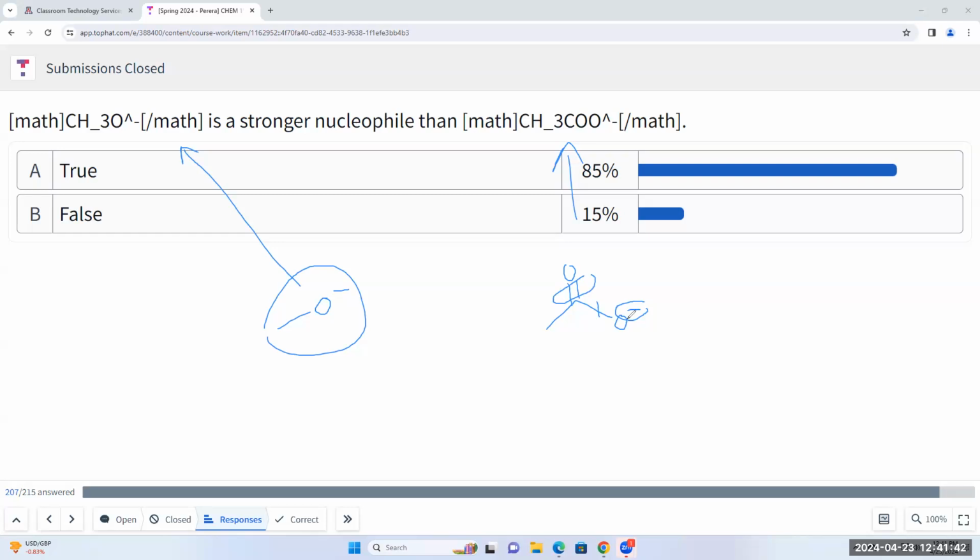On the other hand, in the stronger nucleophile, which is this one over here, you don't have that double bond one bond away from the charge bearing atom, meaning it is more available to attack something. Therefore, this is going to be the stronger, more reactive nucleophile. That's the idea there. All right. What questions, concerns, comments do we have?